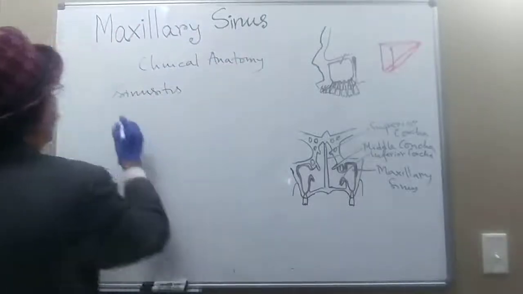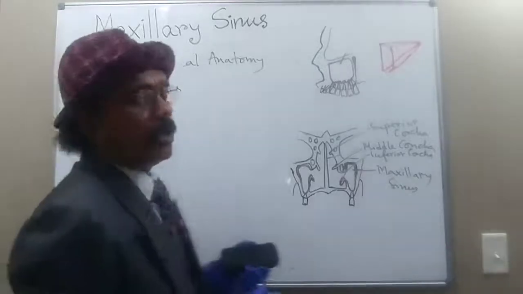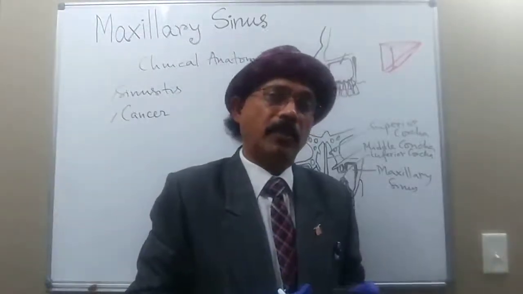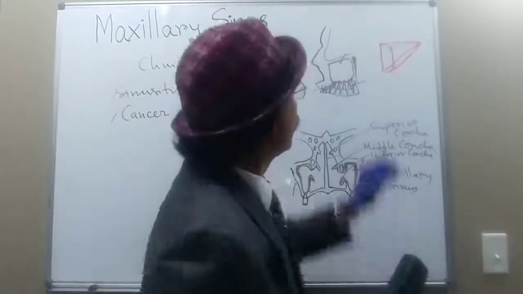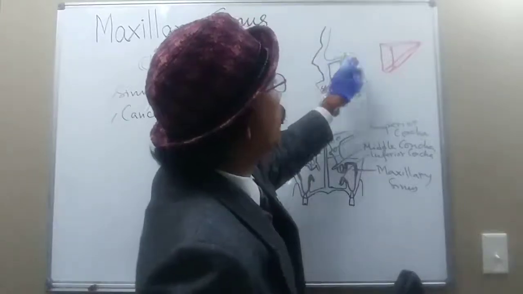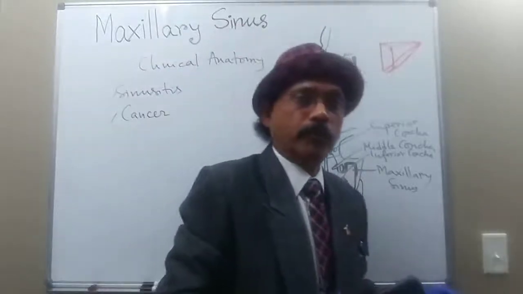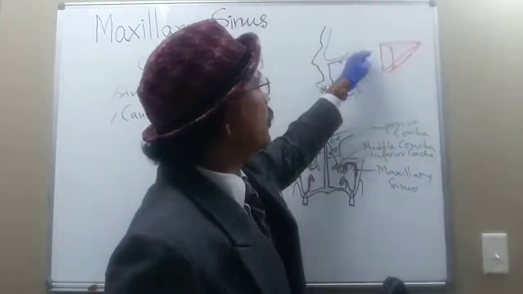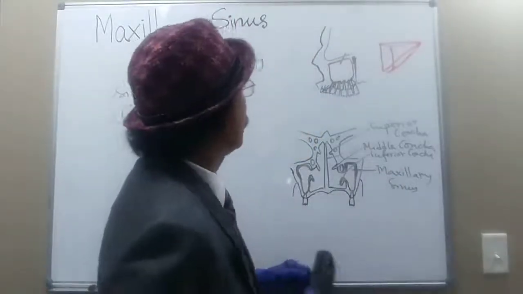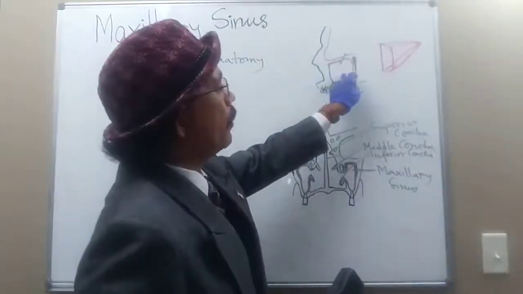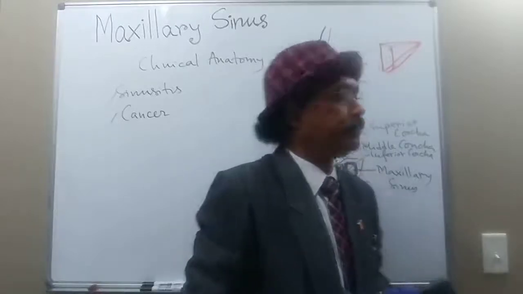Okay, we may have cancer formation inside the paranasal sinuses. In that condition, the cancer cells may grow and push the eyeball above or anteriorly. There may be proptosis, or it may push it posteriorly towards the infratemporal fossa. Or the cancer may be down at the floor, and that may involve the hard palate.